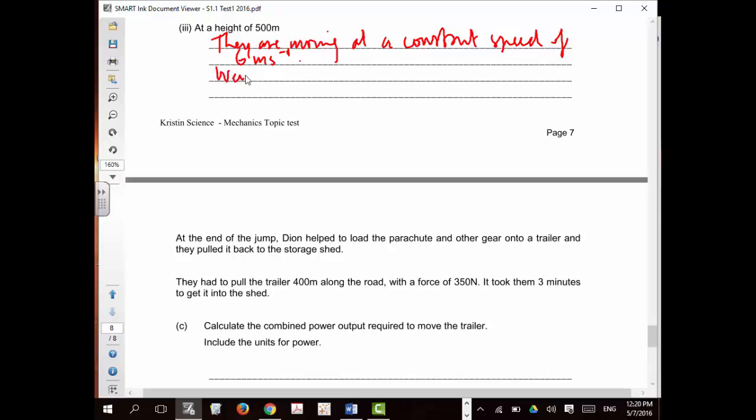Weight force and air resistance force are now equal. And opposite. So forces are balanced.